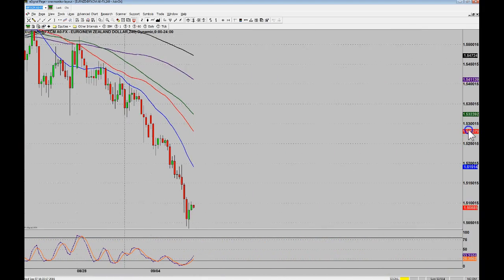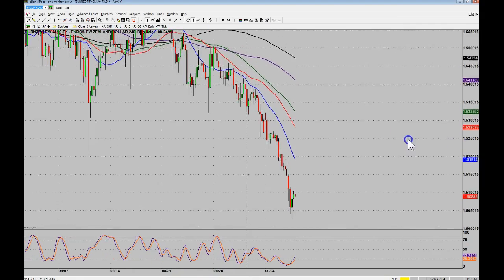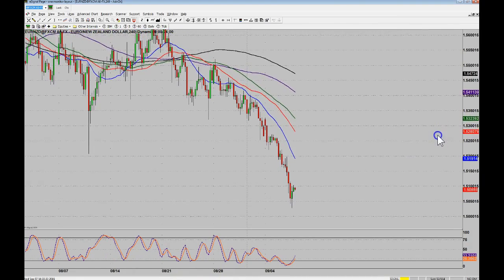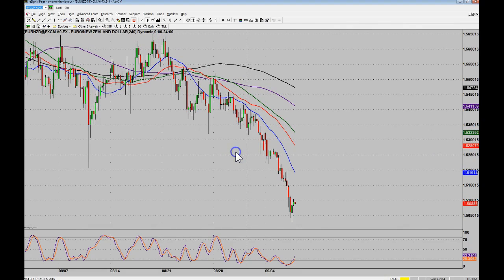Okay. So another thing we want to talk about too is how sometimes you can get extremely far away from the moving averages, and I want you to think like the moving averages are the parents, and they're speaking to the candles, and the candles are the children. And sometimes the children are very naughty children, and they run very far away from the parents, and the parents are yelling to them and saying, "Oh, children, you're too far away from me.